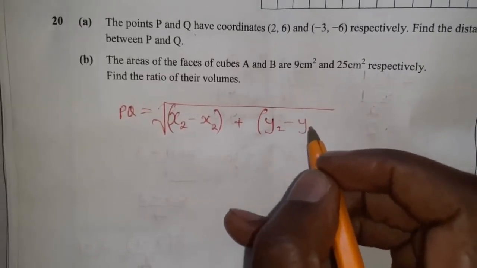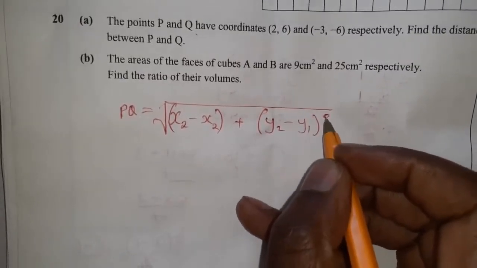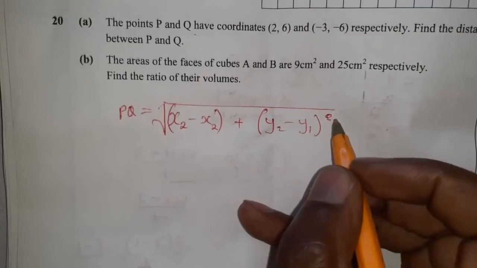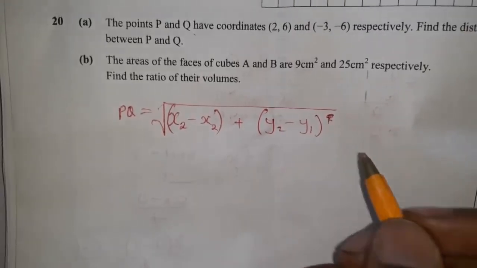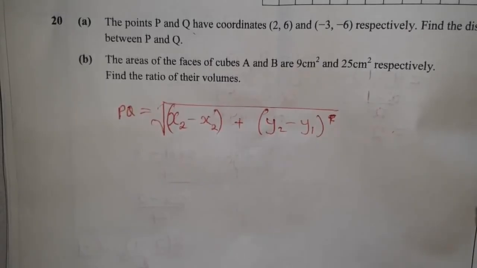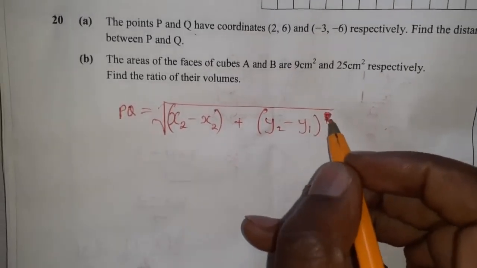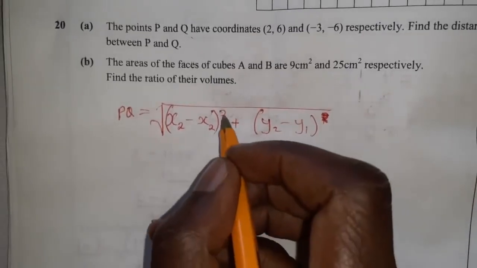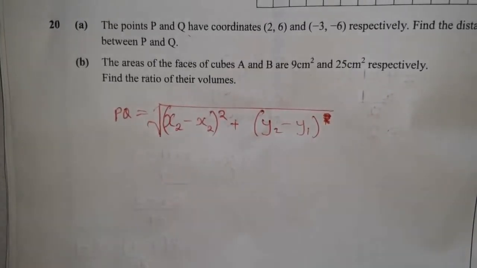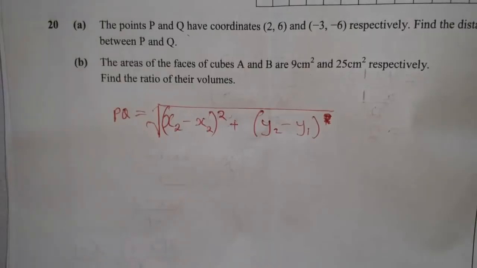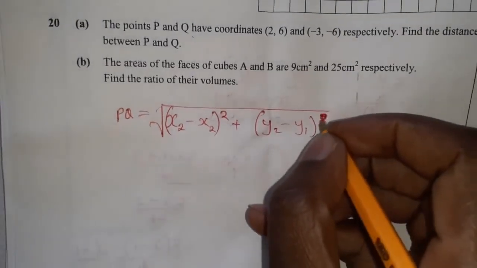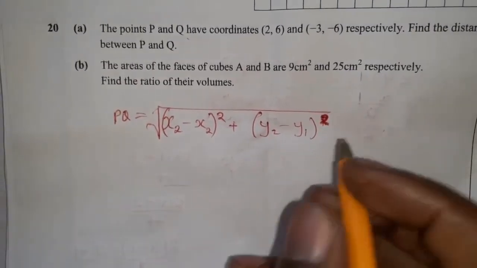Please, if I have forgotten, you can correct me. Squared. Are we supposed to square this and this? Okay. I think we are supposed to square these.